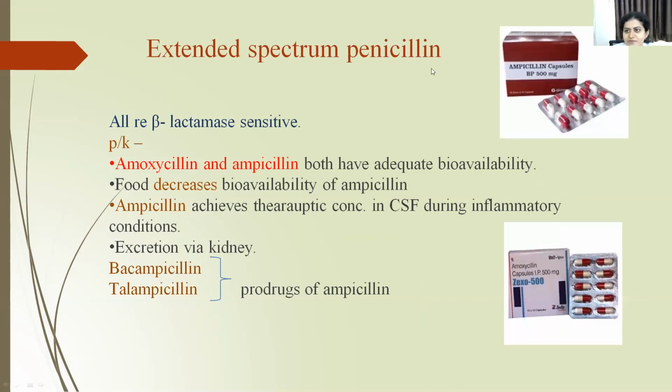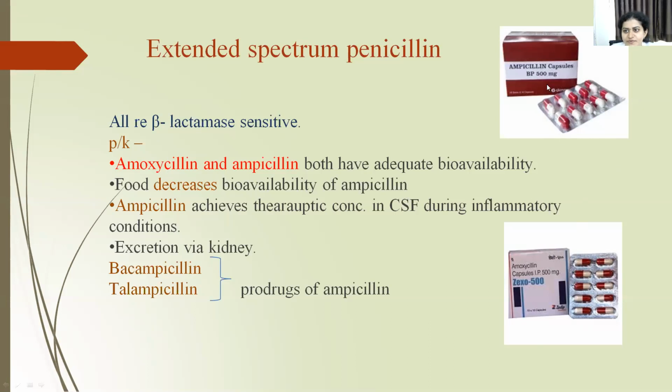The extended spectrum penicillin group, which first includes ampicillin and amoxicillin, the most important, are all beta-lactamase sensitive. Now the pharmacokinetics in this group: amoxicillin and ampicillin both have good oral bioavailability.